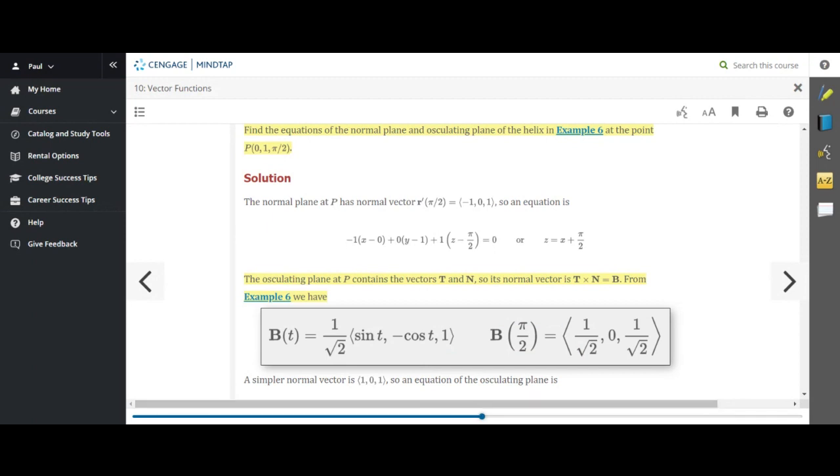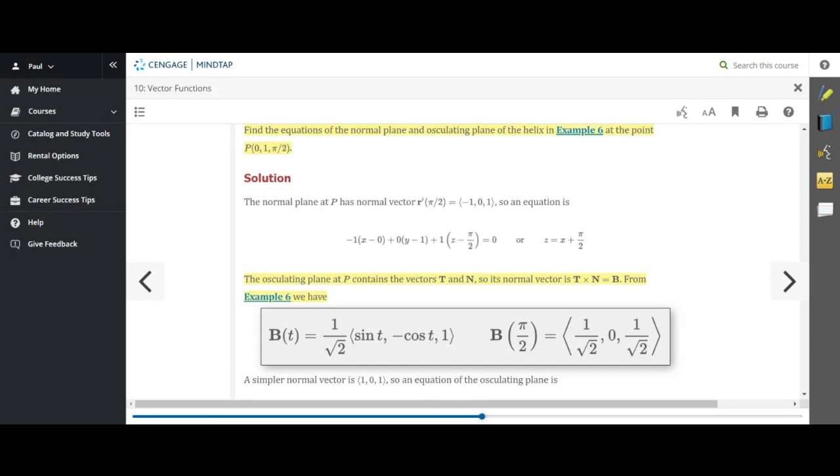So at pi over 2, the binormal vector has those components, and now they're including root 2. You don't have to, but they do. I guess they're trying to give you some variety.